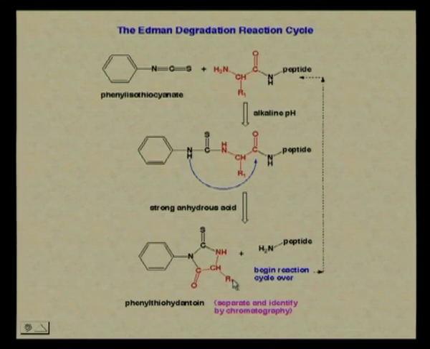Okay? So, this R1 was part of the original polypeptide chain. It has now been chopped off. So, now I have the rest of the peptide with a new N terminus. So, if I go back to do it, what am I going to get? I am going to get another derivative with R2 here, right. So, I can keep on doing the cycle till I have completed the whole sequence of the protein.